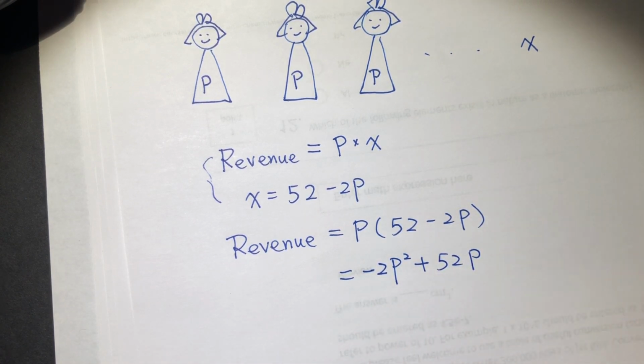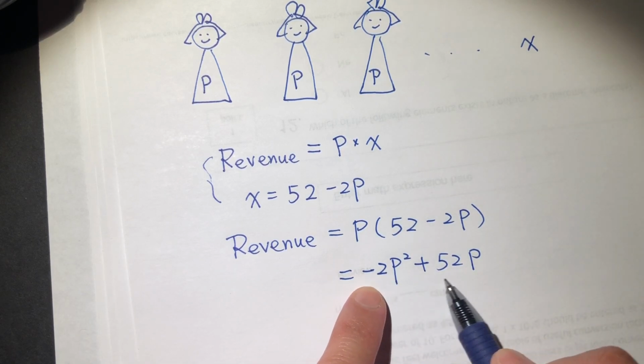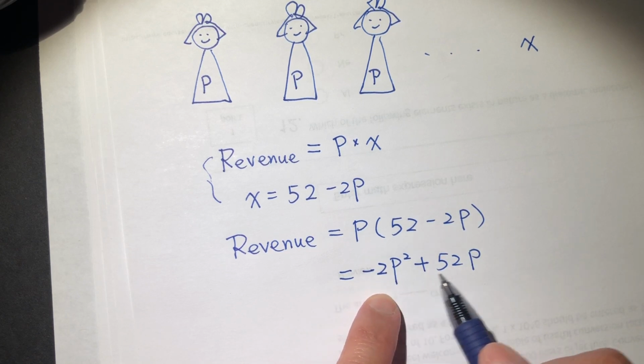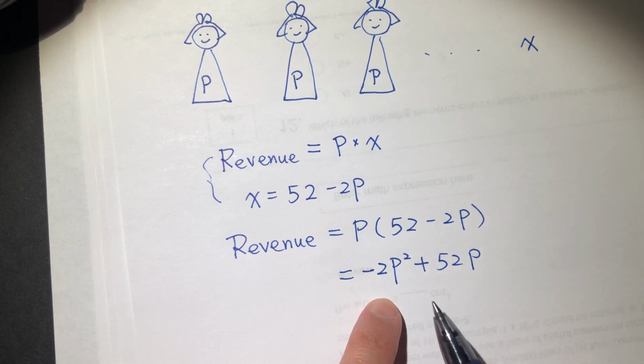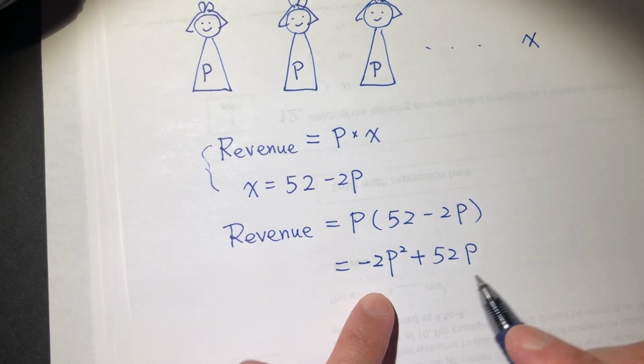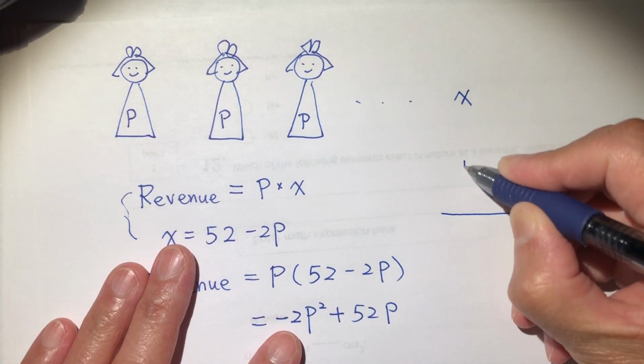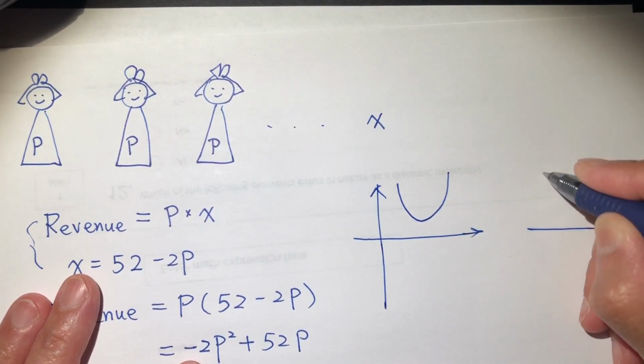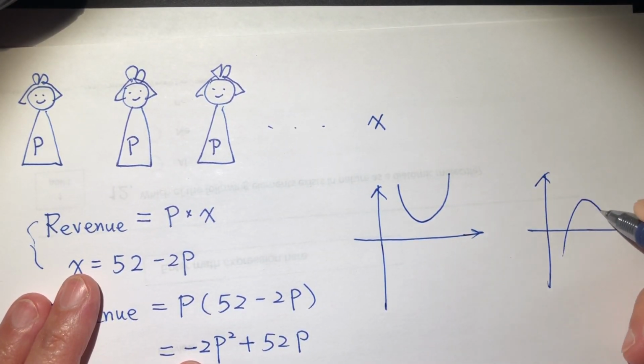Ooh, when we see this, now I know. Once we write this down, it is easier. We know this is a quadratic function, and we know the graph of a quadratic function has this shape, either this way or this way.